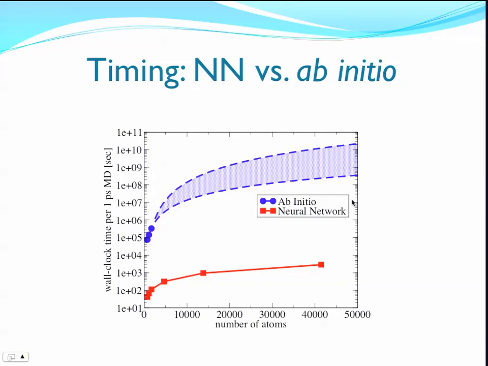If, for example, our calculation takes 1 day, ab initio simulation of the same quality would take 100 years. If ours takes 1 hour, 100 years. If 1 day, 3,000 years. So that essentially gives you an idea of the computational power of the proposed method.